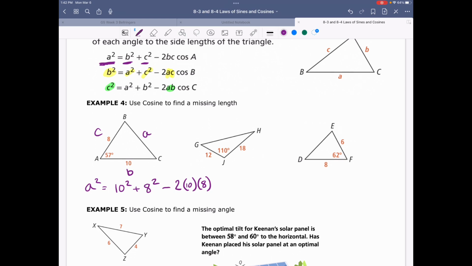And then we have to do the cosine of angle A, which is 57 degrees. And we'll just simplify that.